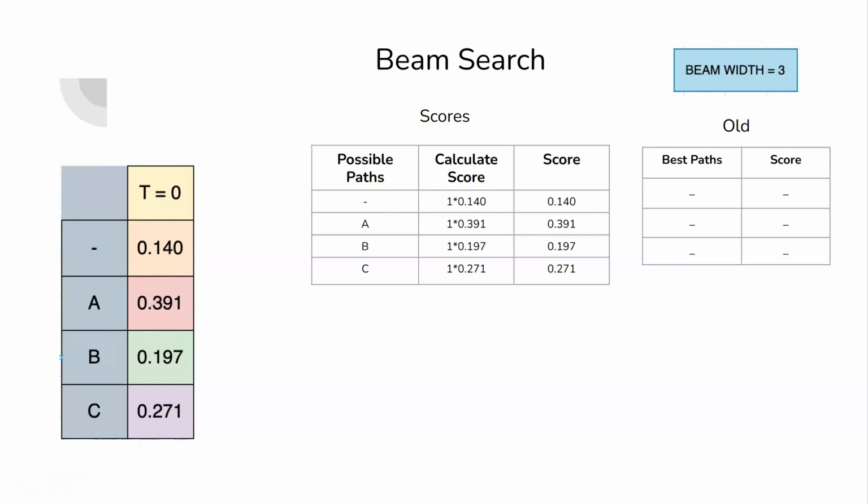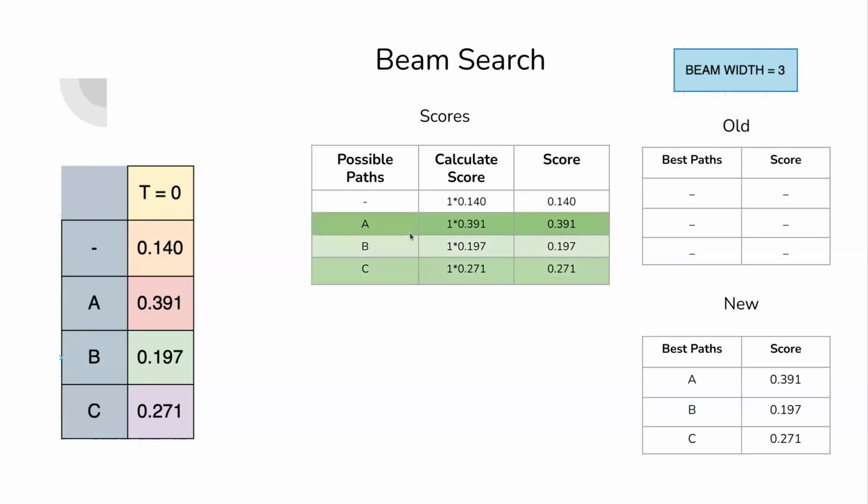But with the beam search, we are not just going to choose A, we are going to choose the top 3. So here we calculate the scores, and then we choose the top 3, which in this case is going to be A, B, and C. So these are the paths which we are going to continue our decoding in that direction. And so it gives us the possibility of seeing other sequences that can actually lead to a high sequence probability.